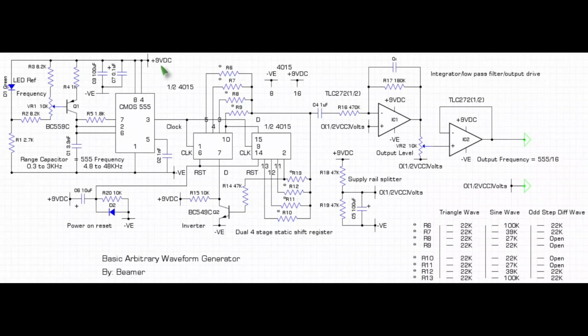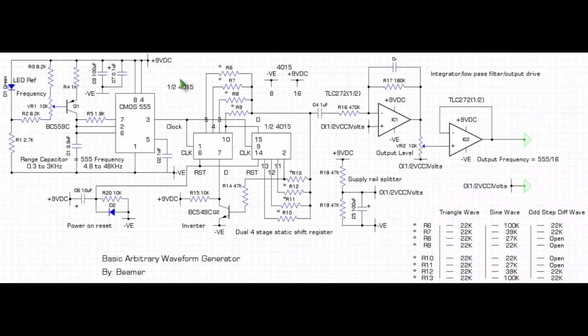It could be operated from a battery, but I quite like the idea of a constant 9 volts DC here. And for the current consumption, you could utilize a series regulator like a 7809, 100 milliamps. This whole circuit is not going to draw more than 30 milliamps at the most.